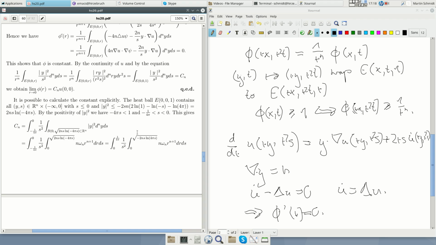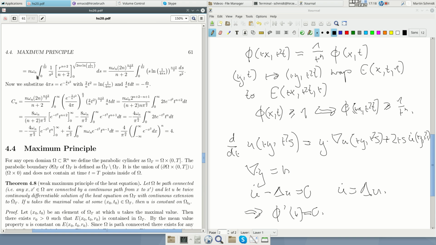So we get then this expression here. Look, we get here a minus, but here the minus goes away. But this is smaller than 1, so the logarithm is negative, so the whole thing is positive, so this works.